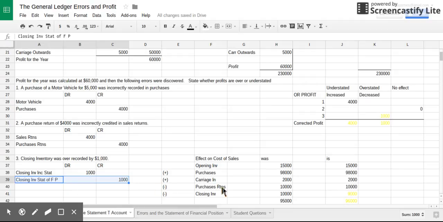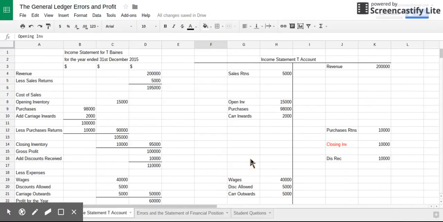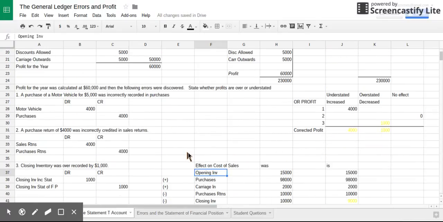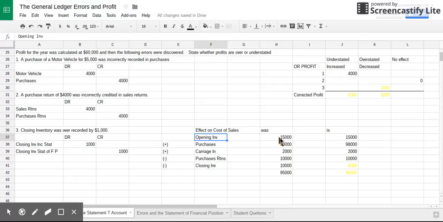And there's another way of looking at it. Okay, if you look up here at the question that we were doing before, I've put in all the figures for our opening and closing inventories, etc., with the sums down the side. So we started off with the opening inventory, we added on the purchases, we added on the carriage inwards, we subtracted the purchase returns, and we subtracted the closing inventory to get us a cost of sales of 95,000.